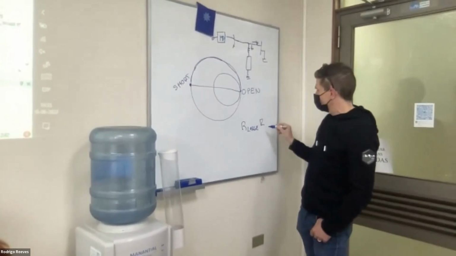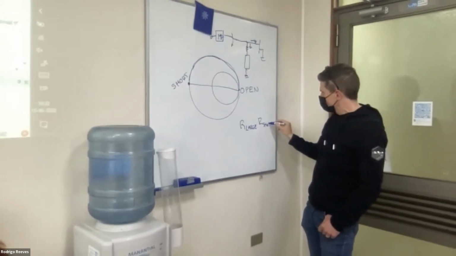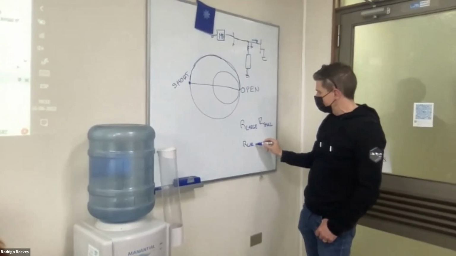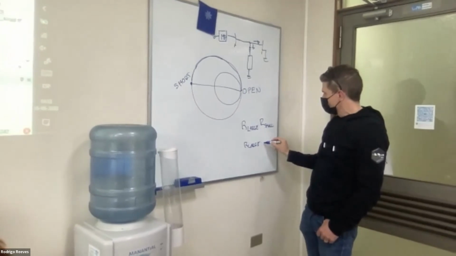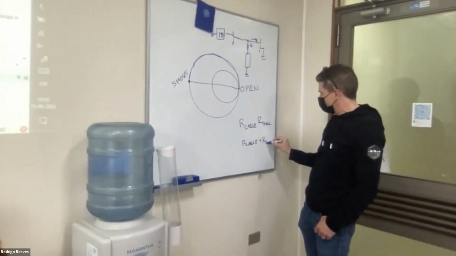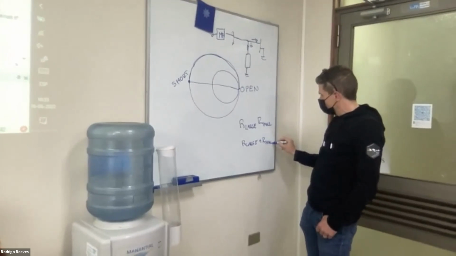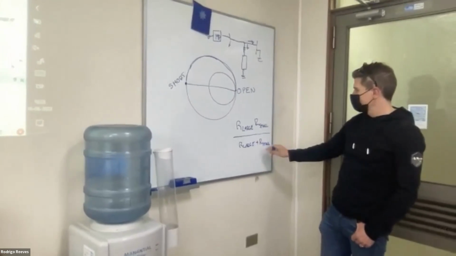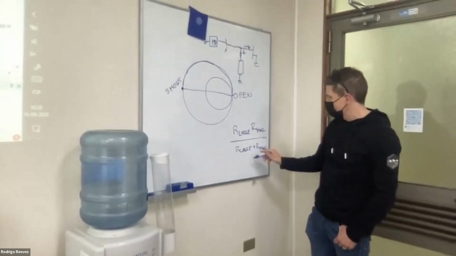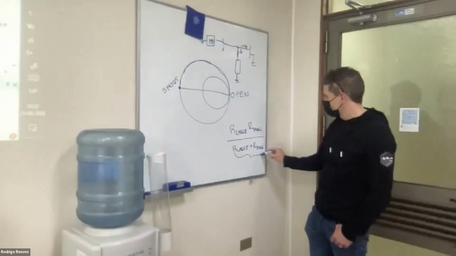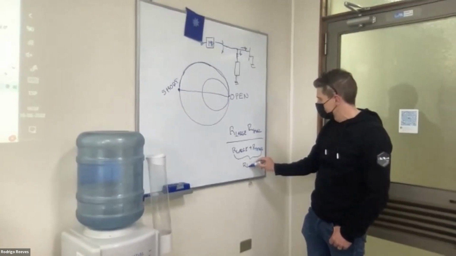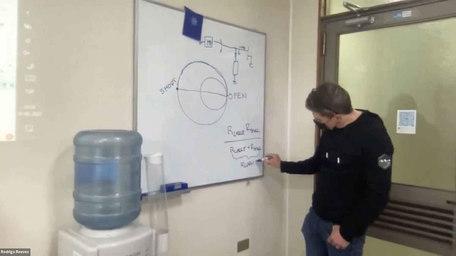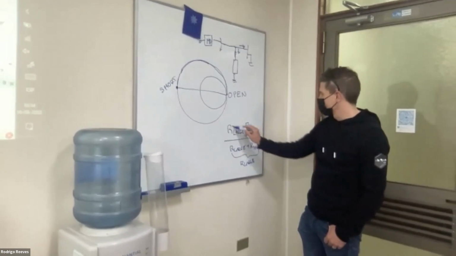If this is super high, then the overall is R large, and they cancel.